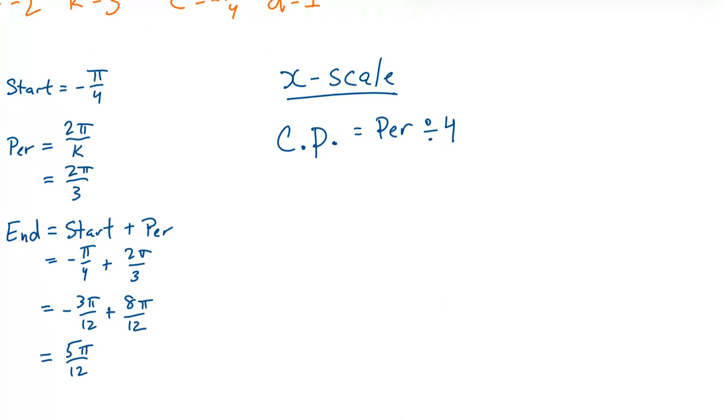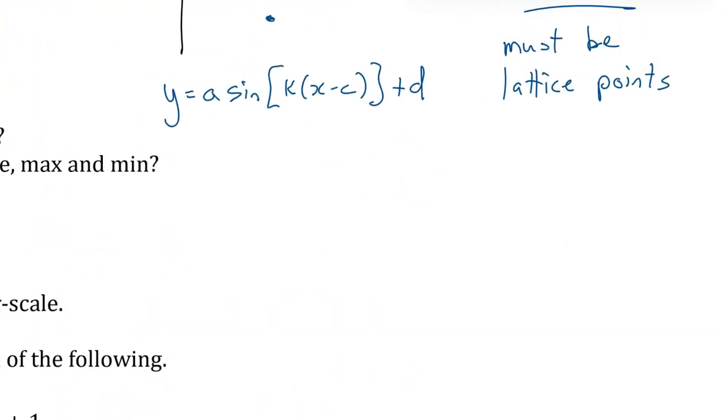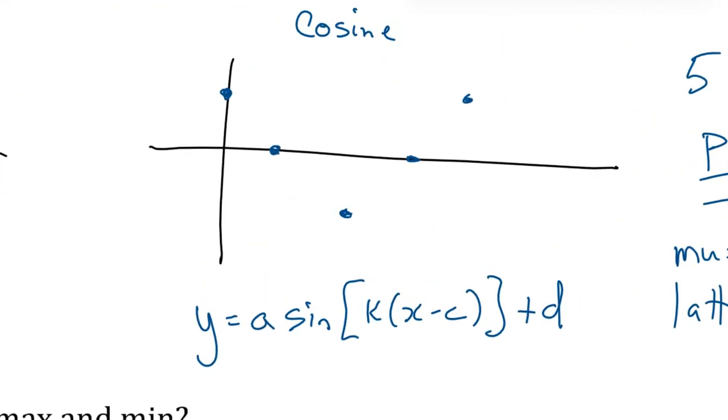Why 4? Somebody will ask the next day, or the next question that we do, well, how do I know to do 4? Because it's 4 every time. That's why. Is this 4 spaces between critical points? Very good. 1, 2, 3, 4.